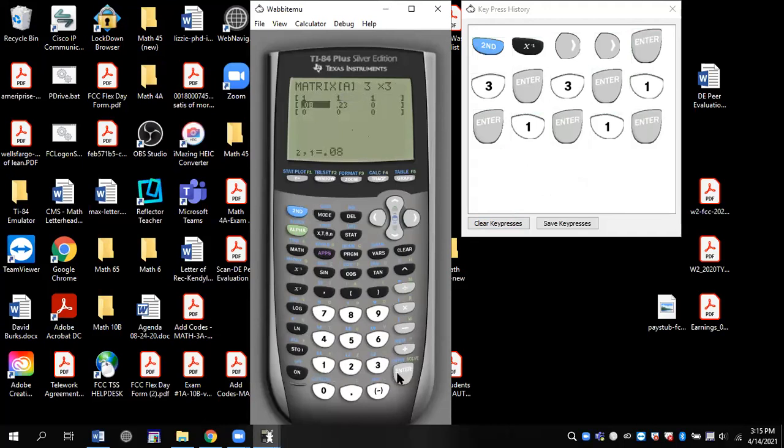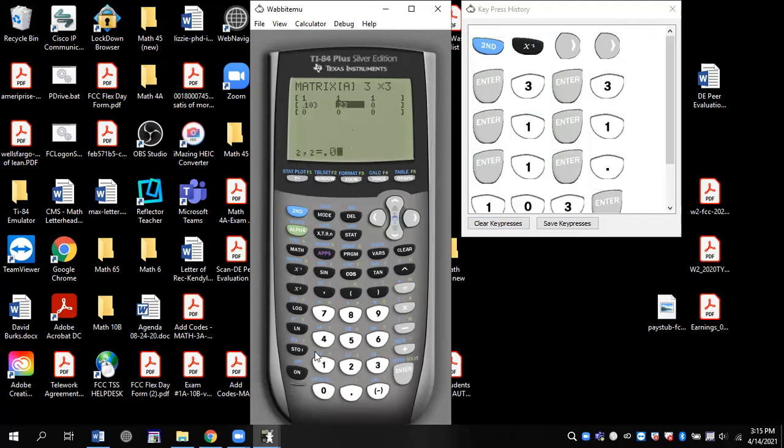Next row, 0.103, enter, 0.042, enter, 0.0275, enter. Bottom row, 0, enter, 1, enter, negative 1, enter. Every time you hit enter, it saves it. So that whole 3 by 3 matrix A is saved.